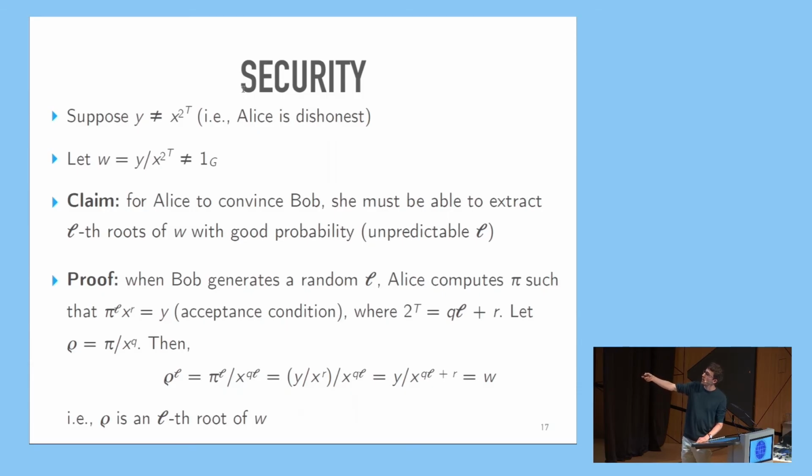So pi to the L times x to the r is y. Now, if we look at this ratio rho, which is pi divided by x to the q, and we do a little computation, we find that rho to the power L is w. In other words, rho is an Lth root of w. And that is supposed to be hard.